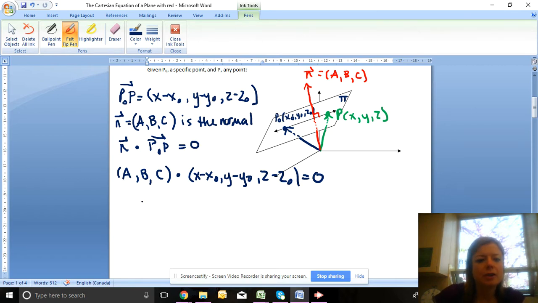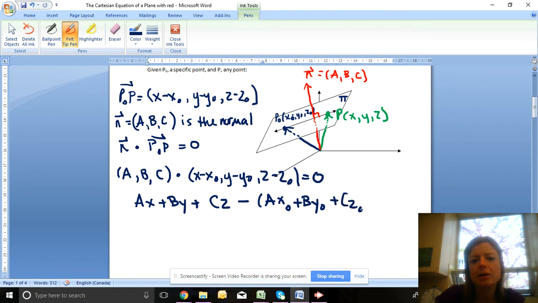When we do this, it can be rearranged to Ax plus By plus Cz minus (Ax0 plus By0 plus Cz0) equals 0.